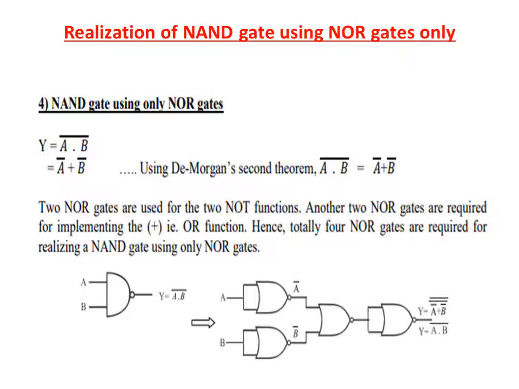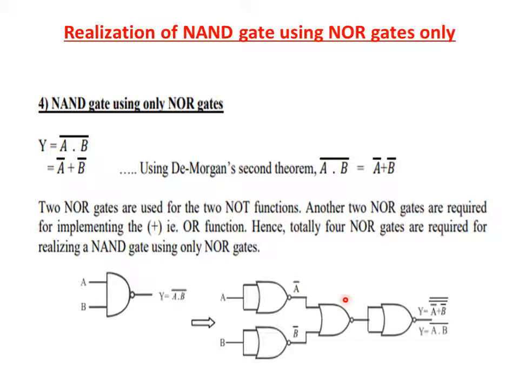Realization of NAND gate using NOR gates. The NAND gate expression is y is equal to (a dot b) the whole complement. Now we apply De Morgan's rules here. So first I use the two single input NOR gates. The output we obtain at this position is a bar and b bar.